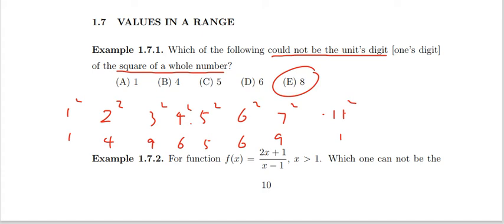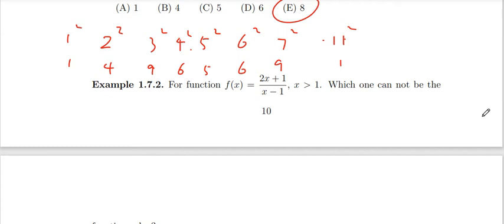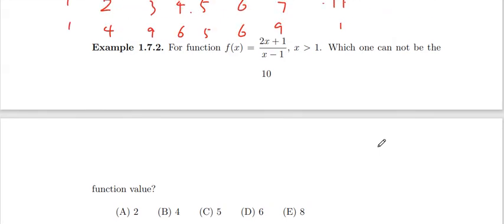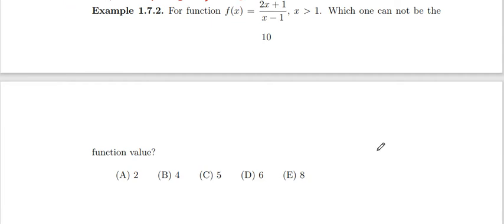Okay, and for this function, which one cannot be the function's value? Like which x? Let's say we can have it be 2. So we also can say this equals 2. Can we find the x?